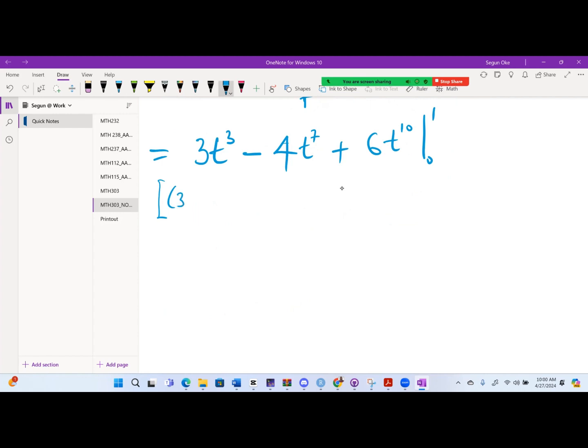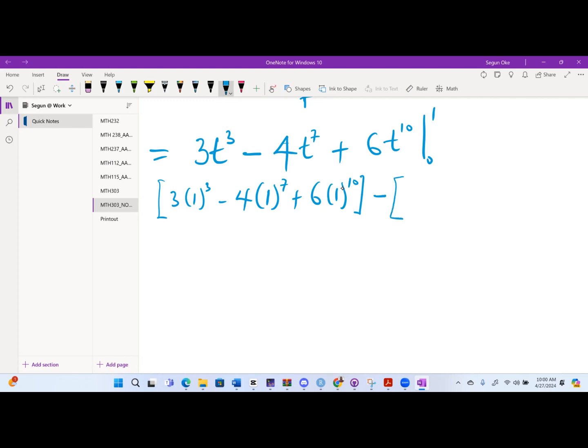It will be 3 into 1 cube minus 4 into 1 to the 7 plus 6 into 1 to the 10, minus lower limit: 3 into 0 minus 4 into 0 plus 6 into 0.